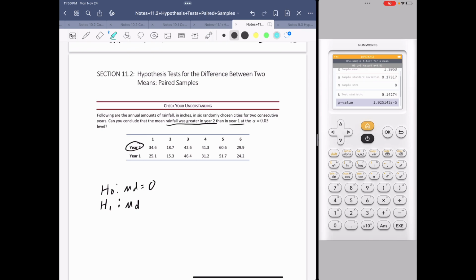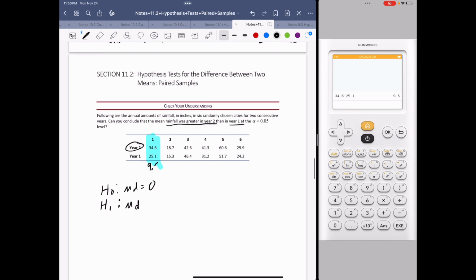Here's what you're going to do. Pick one pair where the rainfall was greater in year 2. Like I'm going to pick this first one. You could pick any one where the rainfall was greater in year 2. I'm going to subtract them: 34.6 minus 25.1, and I get 9.5.